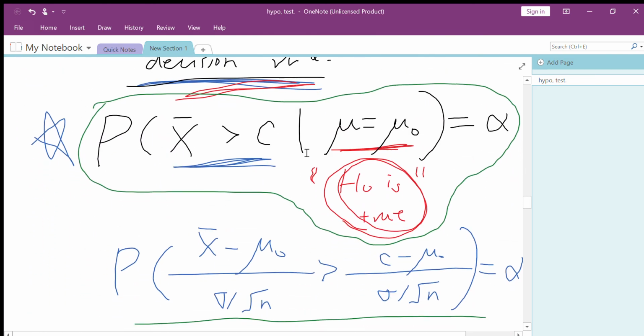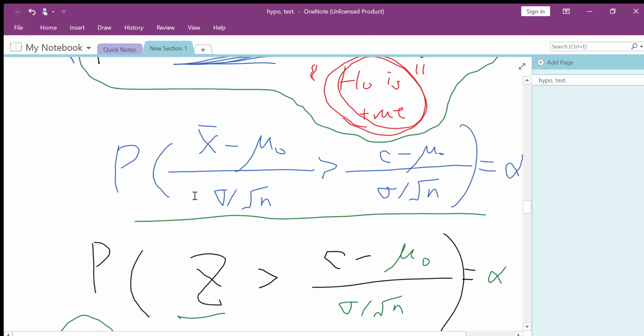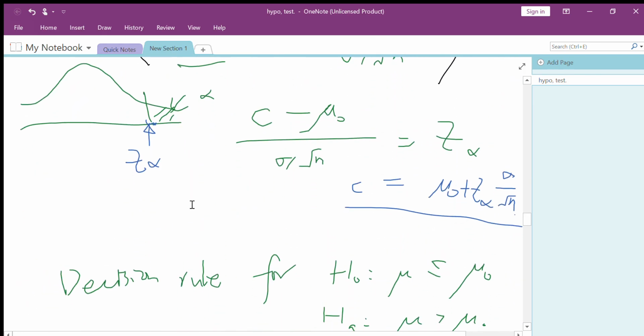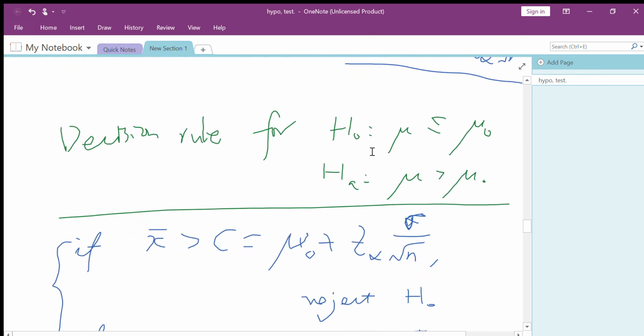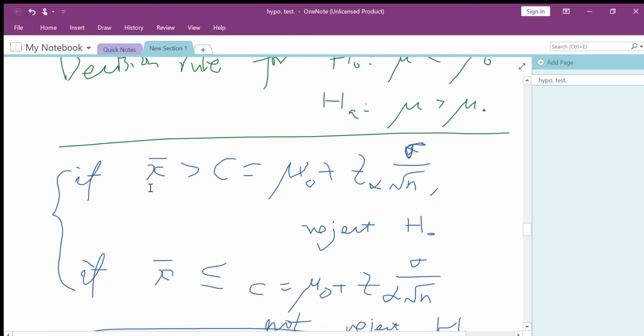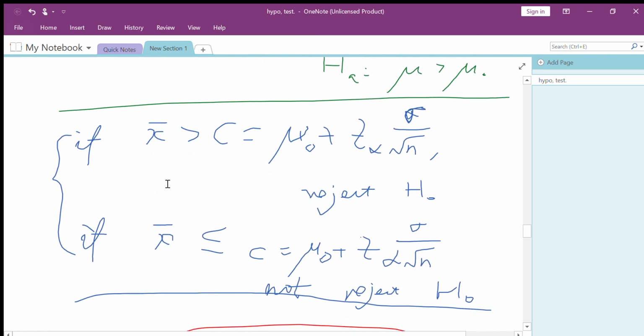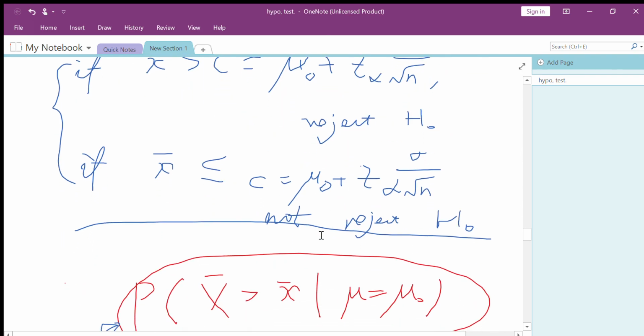We use this formula: the probability of capital X bar greater than C given mu equals mu 0, which is H null is true, equals alpha. We can find constant C. Then the decision rule for this hypothesis testing is: if small x bar is greater than C, reject null; if small x bar is less than C, do not reject.